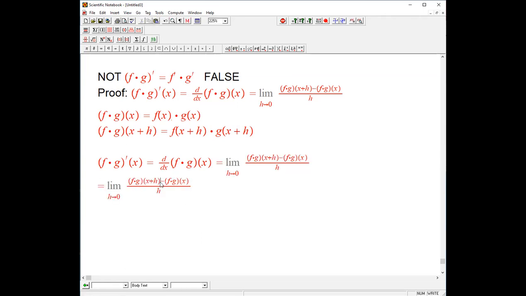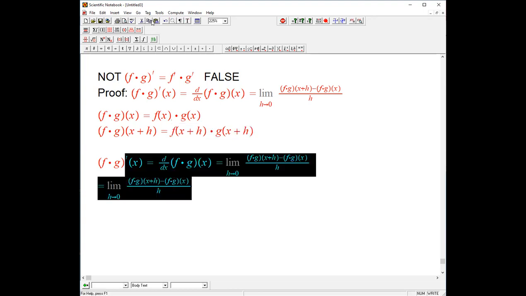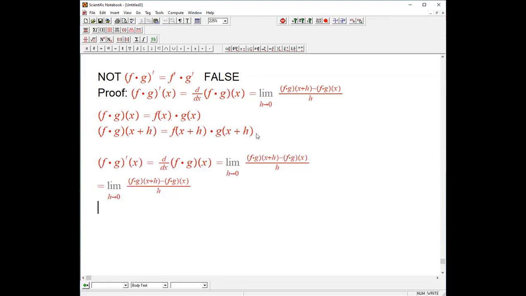F times g of x plus h, that piece replaces that whole piece. F times g of x is replaced by that form.